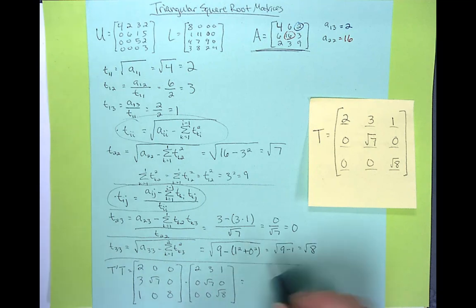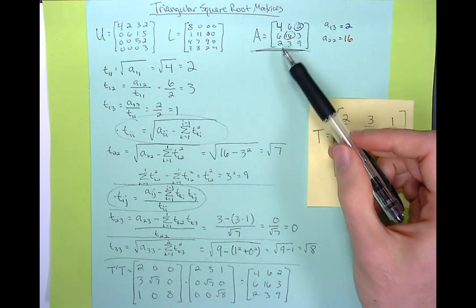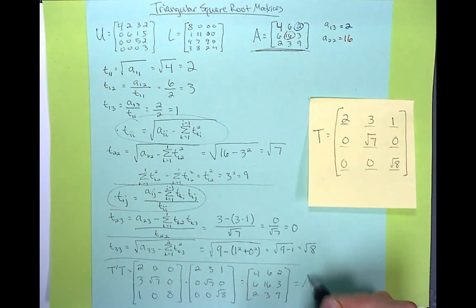And we multiply that out, what we get is 4, 6, 2, 6, 16, 3, 2, 3, 9. Look familiar? Yes, that's A. So that is going to equal A. And that's how you know that you did your triangular matrix correctly.